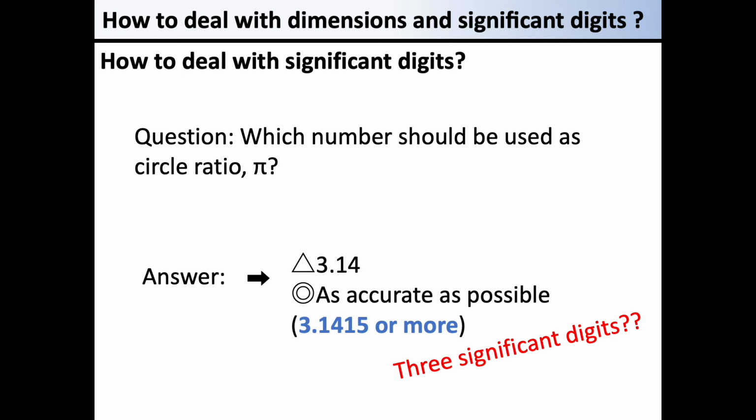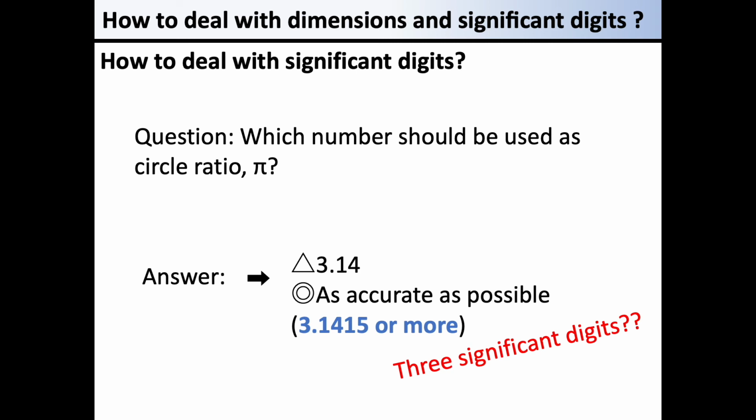With pi of 3.14, the last 3 digits may change depending on the number of digits. So, if you use 3.1415 or more digits, it should be usually fine.